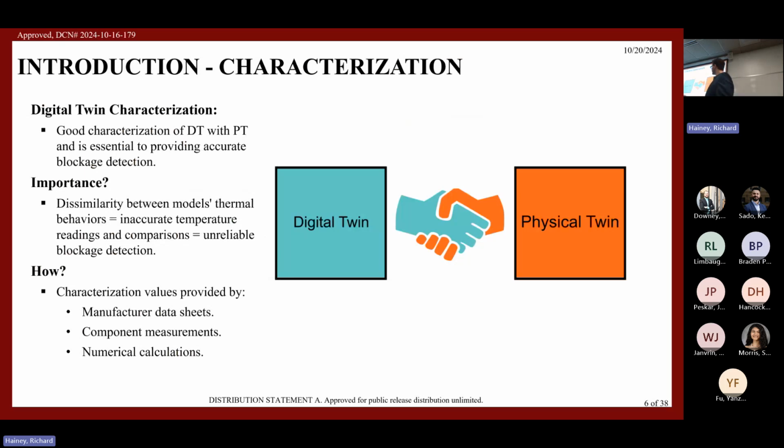Say, in a heating situation, you want your physical twin and digital twin to respond with a characterized and accurate response to temperature. I'm not explaining that too well, but essentially you need to have good cooperation between the two models, or else you won't get accurate simulation within the digital twin model.